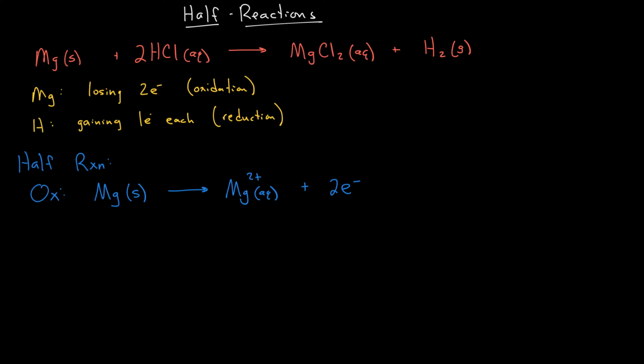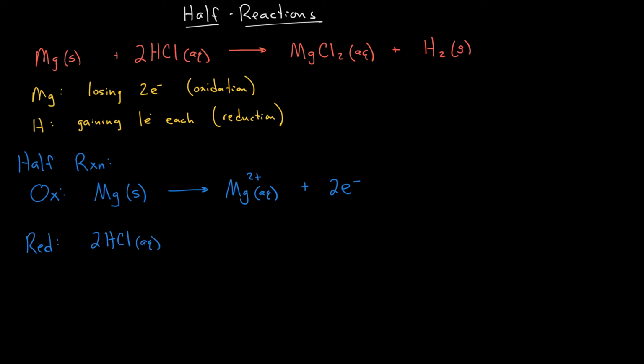Now, for the reduction half reaction, we're going to write down everything that's involved with hydrogen. So we determined that hydrogen was reduced. So up here, we're going to write down everything that's involved with hydrogen. That includes our HCl. So we're going to put our 2 HCl here, that's aqueous.